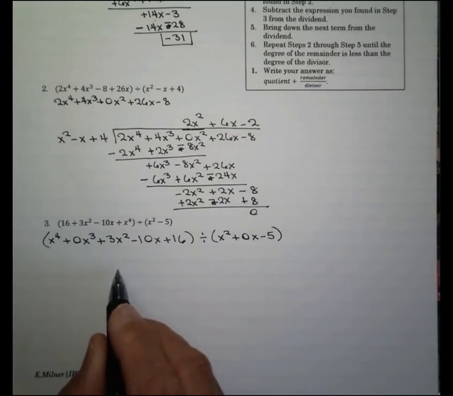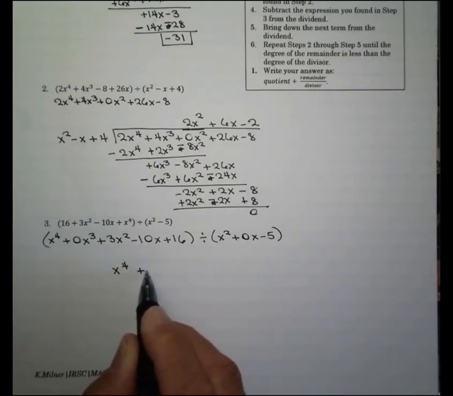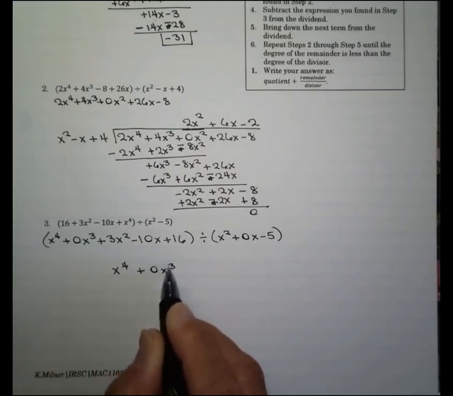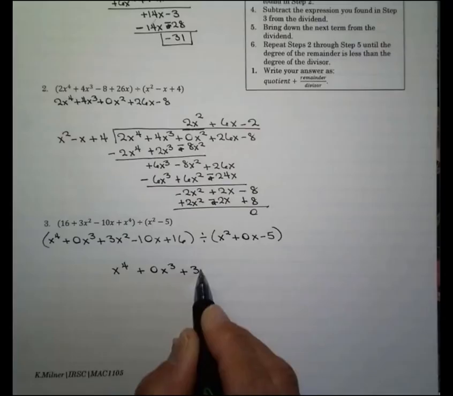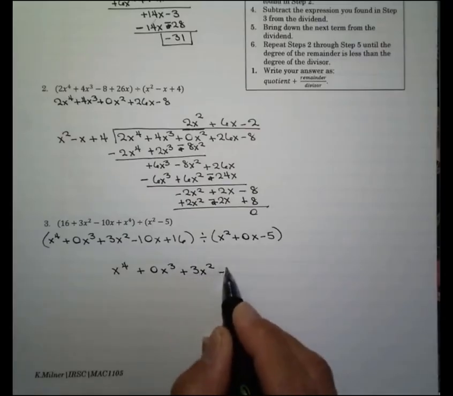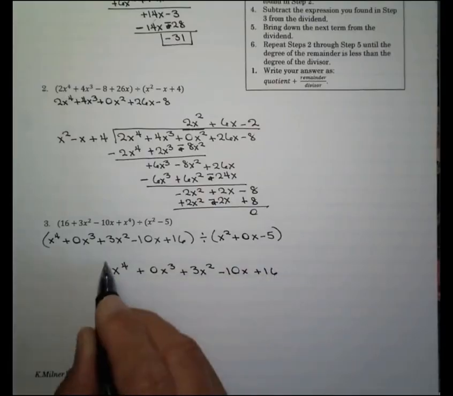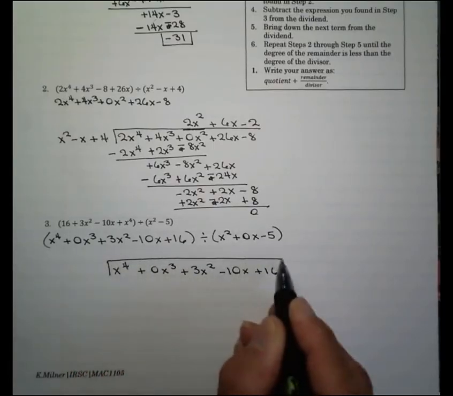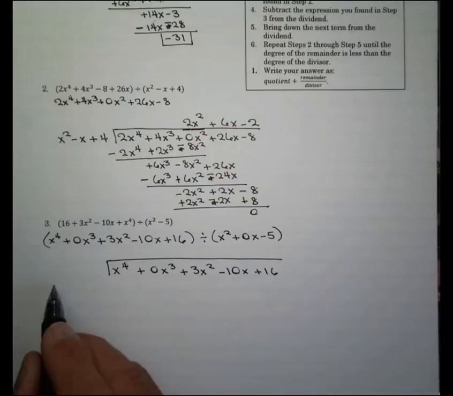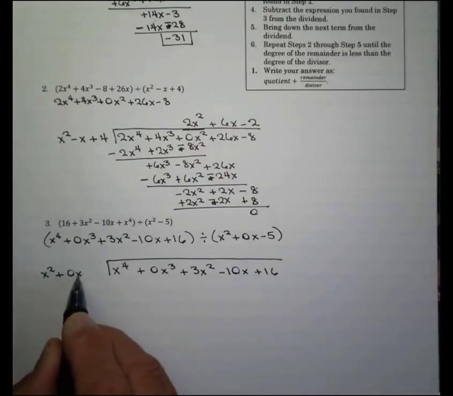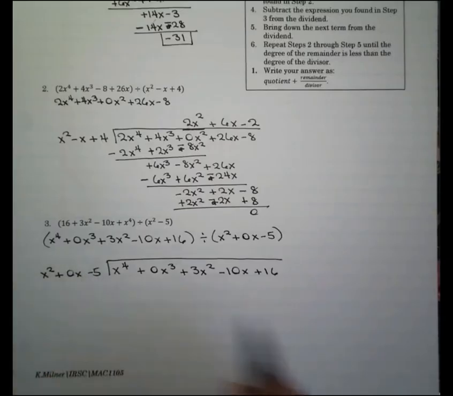Now I'm going to write this under my division house as x to the fourth plus 0x cubed plus 3x squared minus 10x plus 16. And I'll say all of that is divided by my trinomial now, x squared plus 0x minus 5.